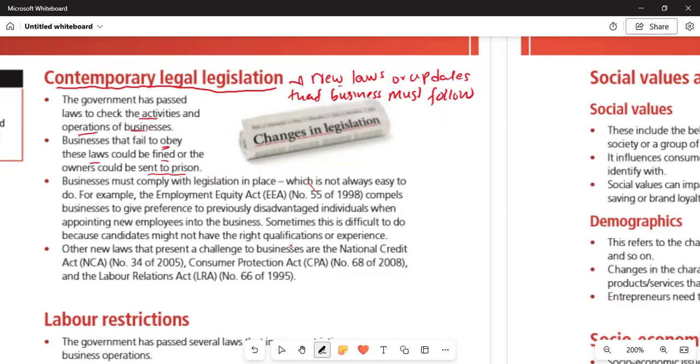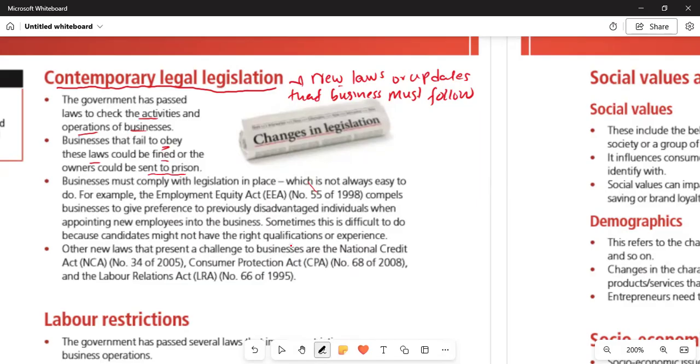You can talk about the SDA, Skills Development Act, the LRA, Labour Relations Act, and the BCEA, Basic Conditions of Employment Act. Business must follow those. Failing to do so, they will find their business closed, they will be fined, and they may be sent to prison.